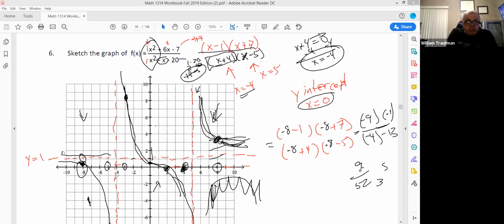If we have a point here, it can't cross there, it can't cross here. So it has to stay within and get really close to those lines. But with this one, we didn't do a test point on this side, so the graph actually goes up there. So this is what the graph actually looks like.